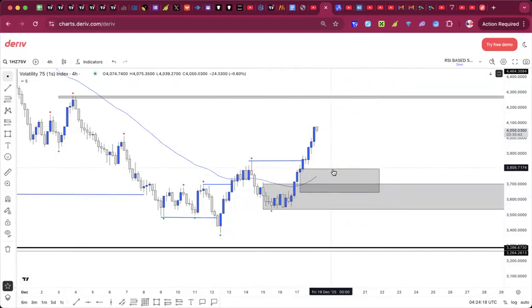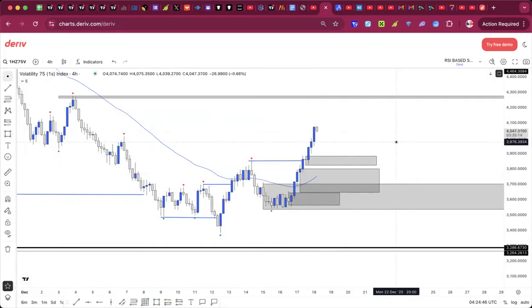So if I take this and I have this, that is where the market could travel to. But give and take, you see the reference point here. So this is a demand zone.